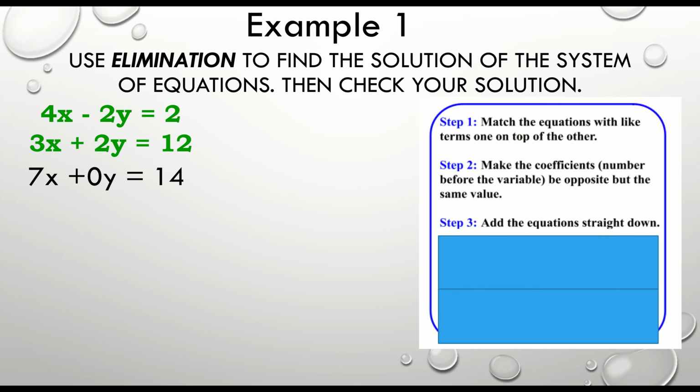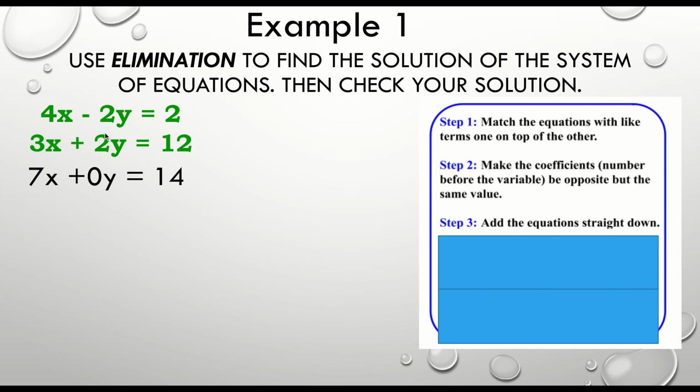In the process of adding the equations straight down, you're going to notice that negative 2y plus 2y will give you 0y. If this is 0y, you have now gotten rid of the variable y. So it allows us to solve for x. 4x plus 3x is 7x.